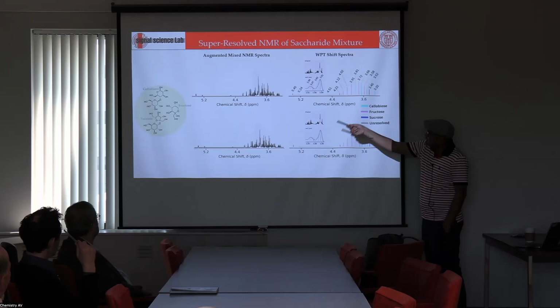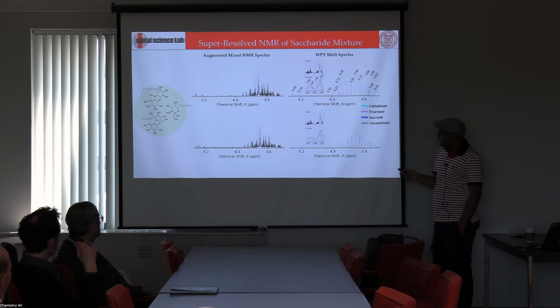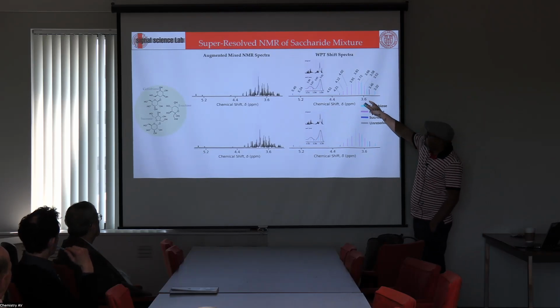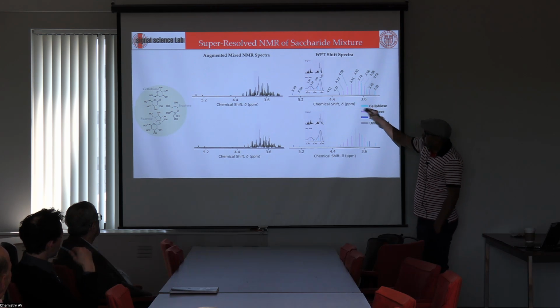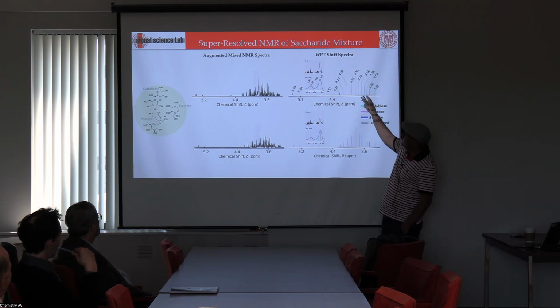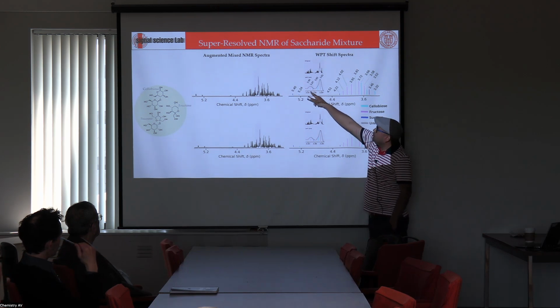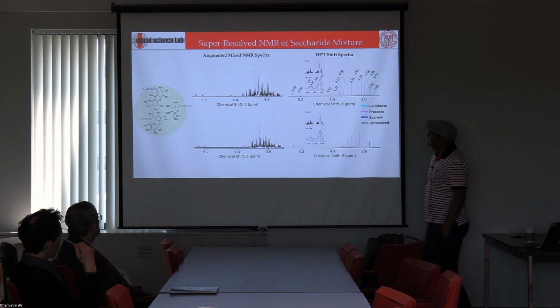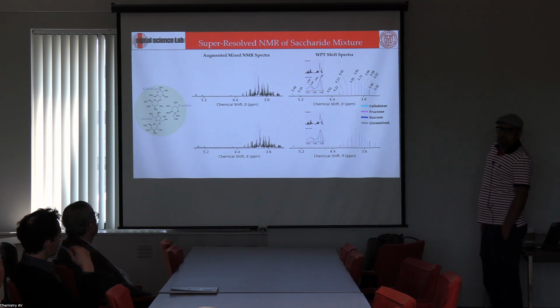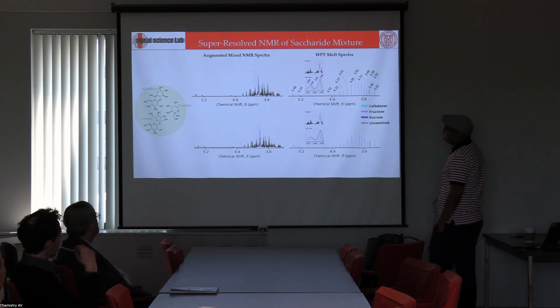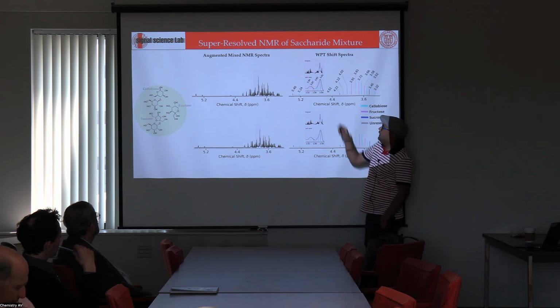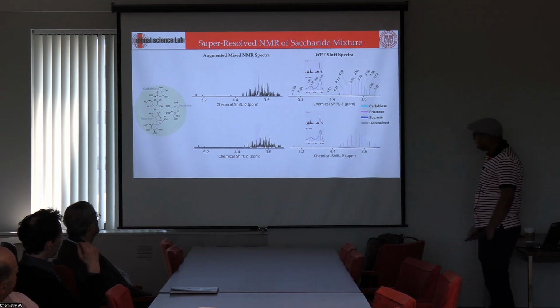So we can separate the 3 of them, knowing that singlets allow us to separate different components into individual molecules. Here you can see the blue, pink, and magenta. They all refer to different molecules. And without wavelet packet transform, you could not have differentiated. It would have been an overlapped spectrum.